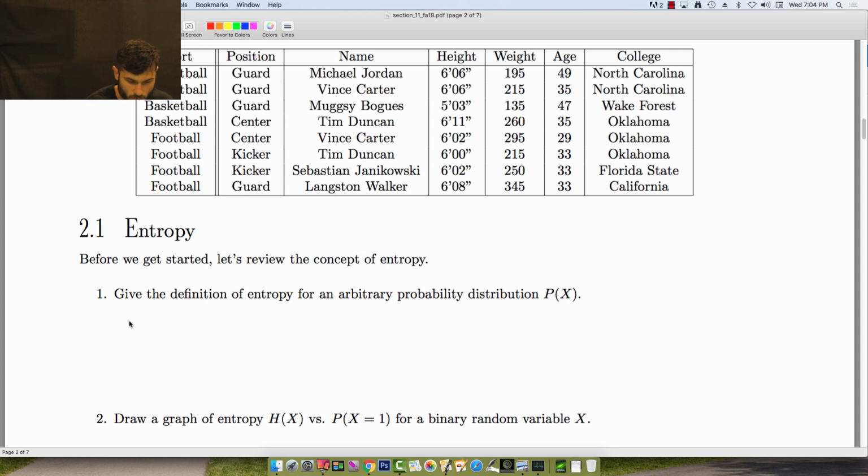So entropy for a random variable x is written as H of x, and this is given by the sum over all the possible values that x can take of the probability of having this value times the logarithm of 1 over the probability of having this value, where in this case x has values x1 through xn.